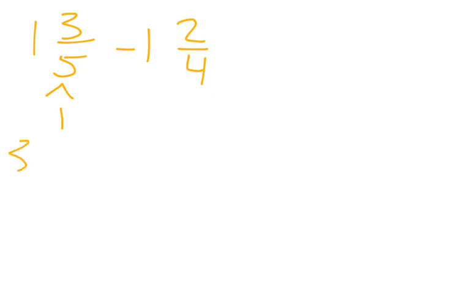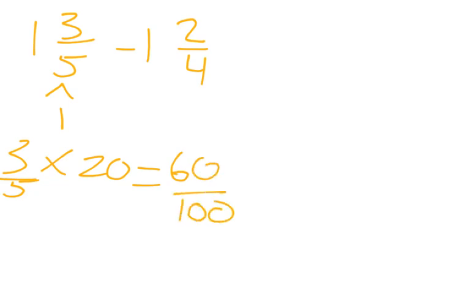Okay, so now what we're going to do, once we have 1 3/5 minus 1 2/4, is convert them because they're not the same denominator. So we're going to start with 3/5, and we're going to multiply that by 20 to get 60 over 100. And then the 2/4, we're going to multiply by 25 to get 50 over 100.